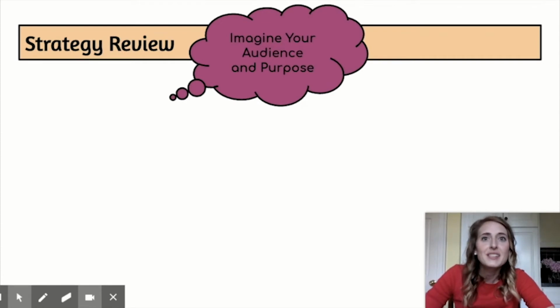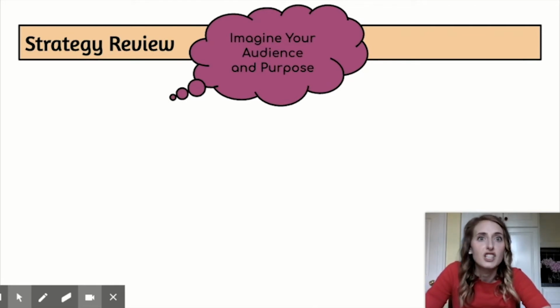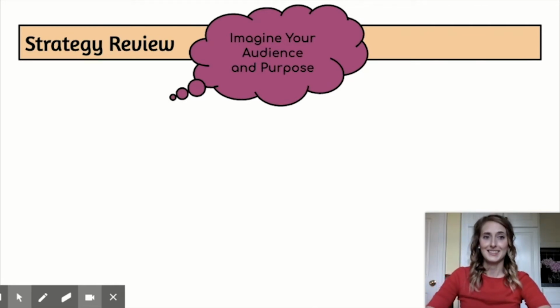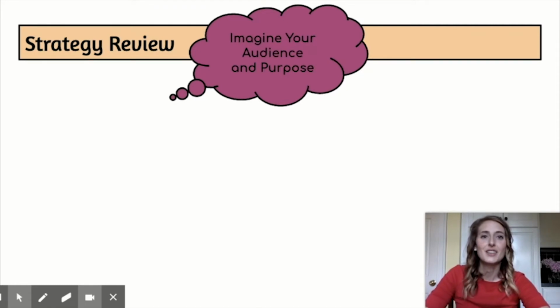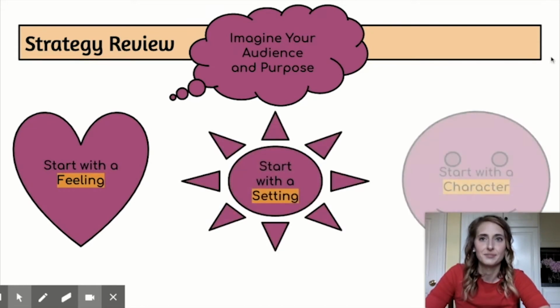Remember, if you're stuck for ideas, first, think about your audience and your purpose. Who is going to read your writing? What type is it going to be? Information writing, personal narrative, or a fiction story? And if it is a fiction story, you can use these 3 strategies to generate ideas.